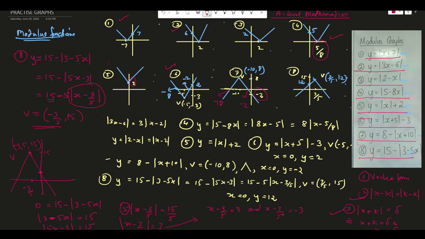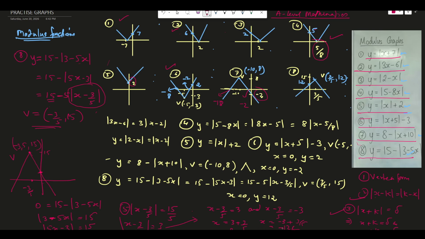From here, I'll get x equal to 3 plus 3/5, which is 15 plus 3, 18/5. And from here, I'll get x equal to minus 3 plus 3/5. That will give me 5 3s are 15, minus 15 plus 3 is minus 12/5.